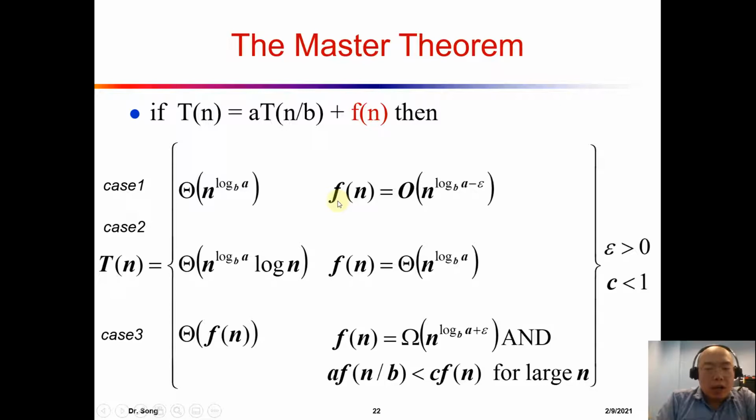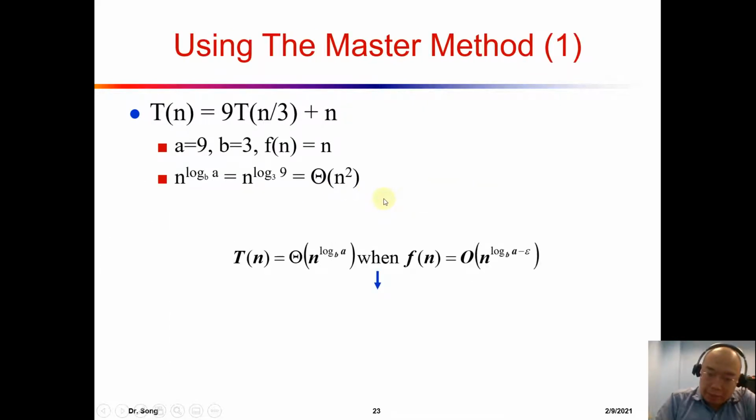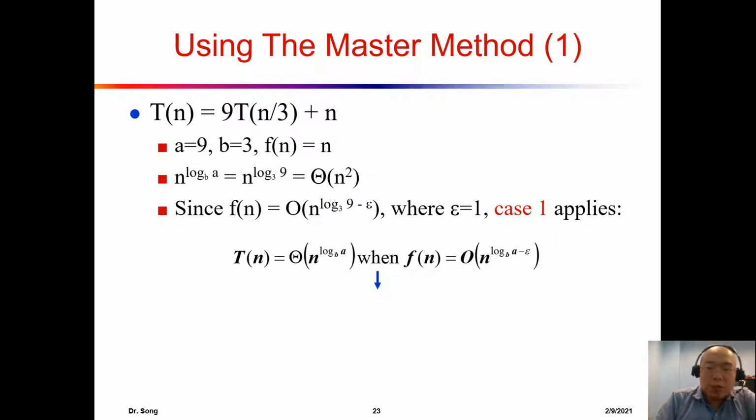So can we prove we are in case 1? To say we are in case 1, how about we assume that epsilon, the small positive value, is 1. So if the small epsilon is 1, and n to the log base b of a is n^2, then minus 1 here, you are going to have n, right?